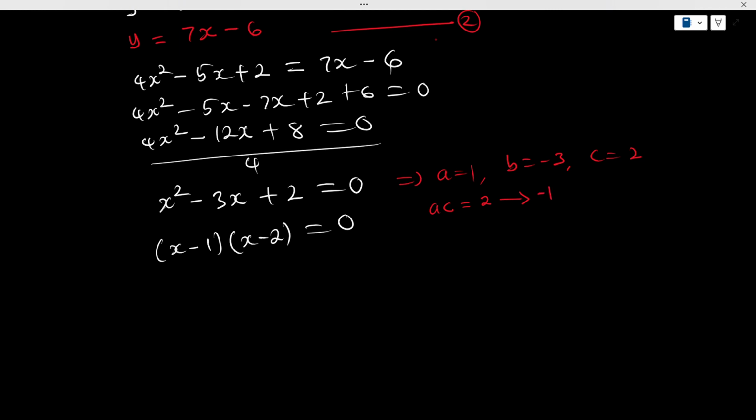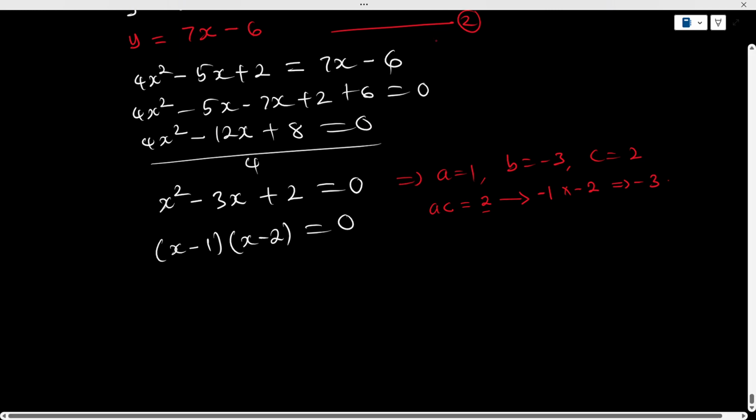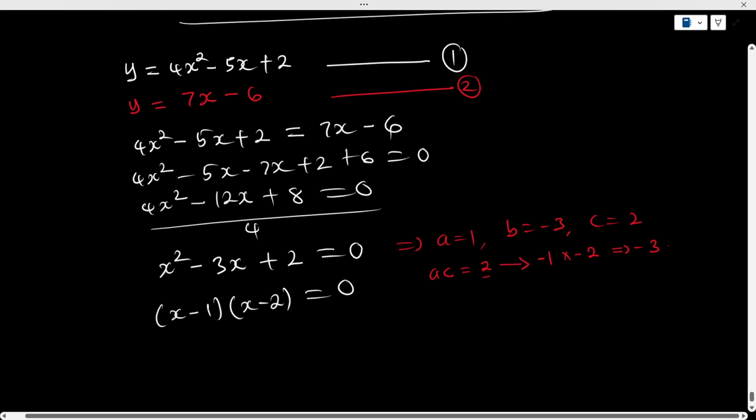The only way to do that is negative 1 times negative 2. Negative 1 times negative 2 will give me positive 2, and negative 1 plus negative 2 will give me negative 3. That's why we have x minus 1 and x minus 2. I hope that makes sense.